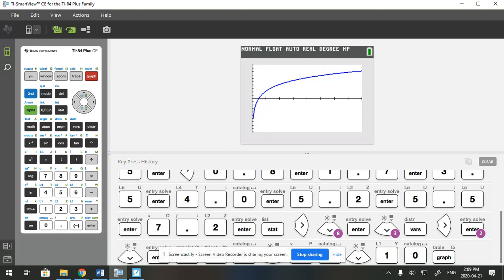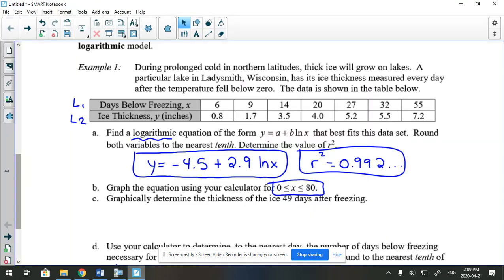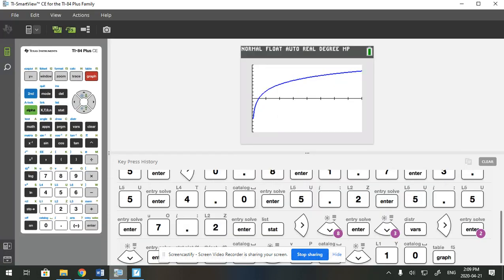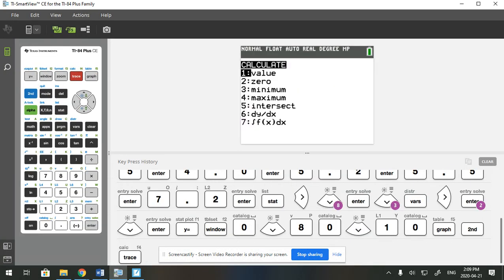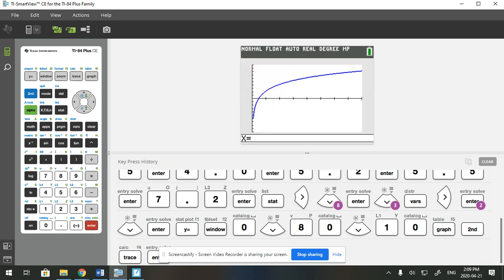Now we can move on to part C in our question, where it says graphically determine the thickness of the ice 49 days after freezing. So what that's telling me is I want to know how thick the ice is after 49 days. It's telling me that my x is 49, and I want to know what my thickness is. So again, just like last time, if you know your x value, you can go into your calculator, go into second calc, and you can go into value and enter in the x value that you have, and hit enter.